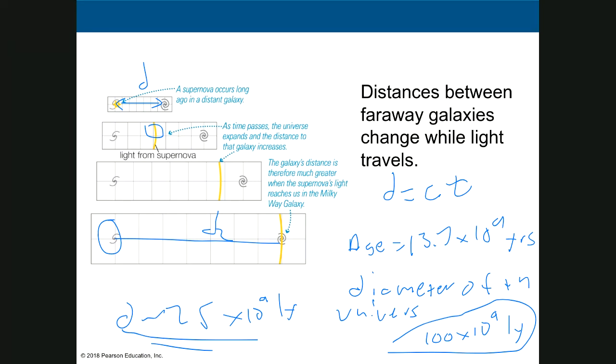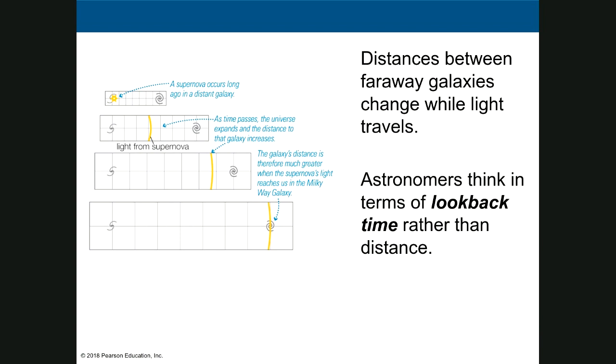That means we're using look-back time as our paradigm for distance, not physical actual distance, which can be confusing, but you know, science, isn't science fun? So yeah, that's why, and you'll notice they make this point here, right? That astronomers think in terms of look-back time rather than actual distance. All right, because the distances between galaxies change.